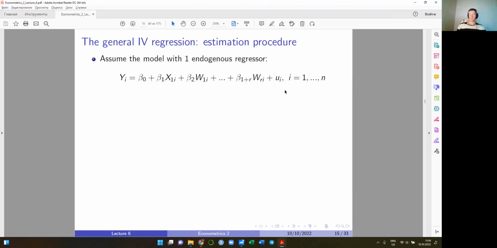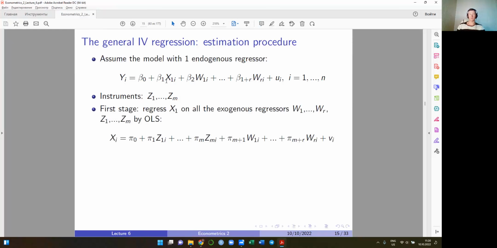This is just a repetition of what we have discussed in the case of a single regression, applied to the general instrumental variables regression. Suppose we have one endogenous regressor, and suppose we have a set of exogenous or control variables, these W's. How is the estimation performed? We have m instruments for only one endogenous variable.